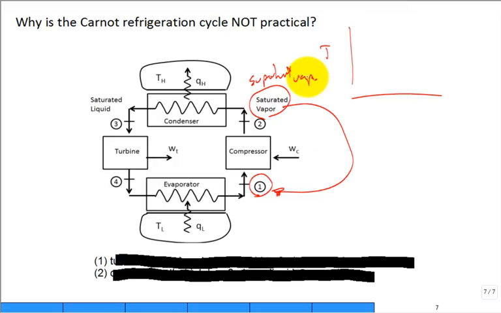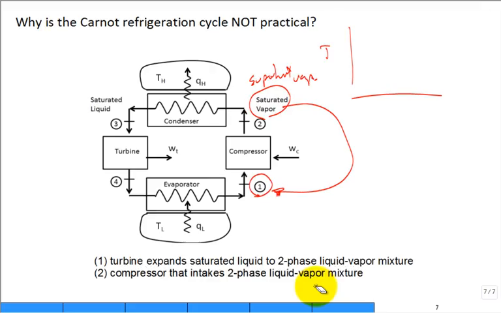What's the other impracticality? Is that turbine, you really can't find a turbine that takes saturated liquid at high pressure, high temperature, and expands it to low pressure, that's okay, but low temperature, and it's still a two-phase mixture. There's not one out there.